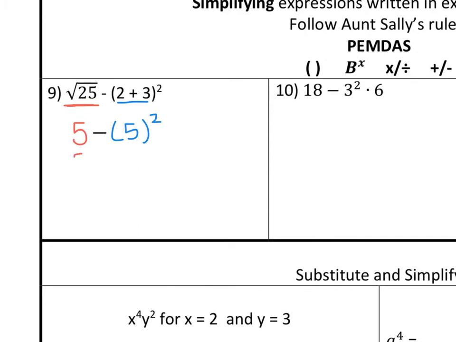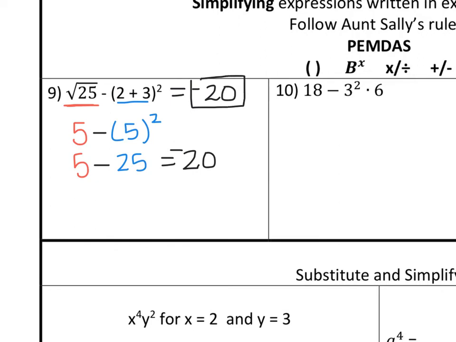So we can rewrite our 5 minus 5 squared is 25, and 5 minus 25 is equal to -20. So our answer for this expression is -20. So again, simplify the square roots, add or subtract what's inside parentheses first, then take care of your exponents, and then just add or subtract from left to right.